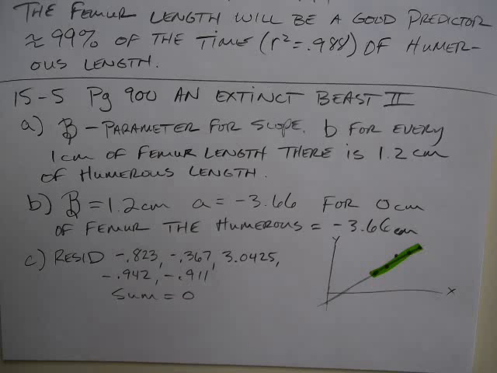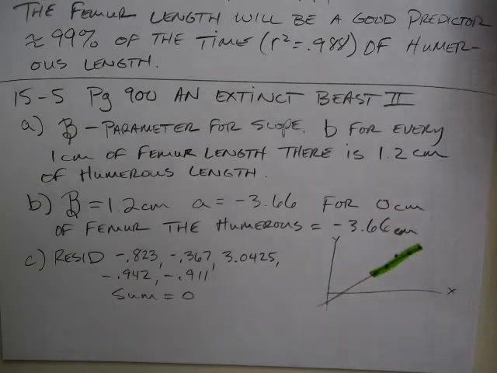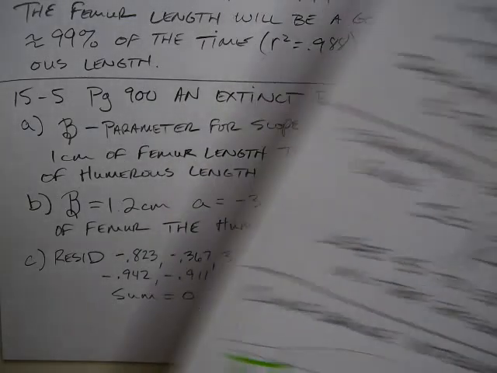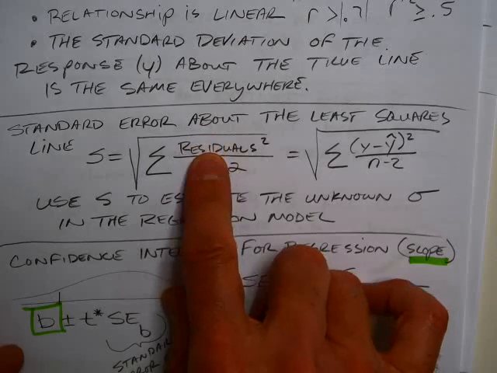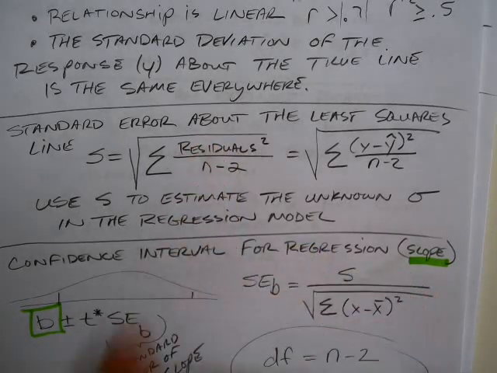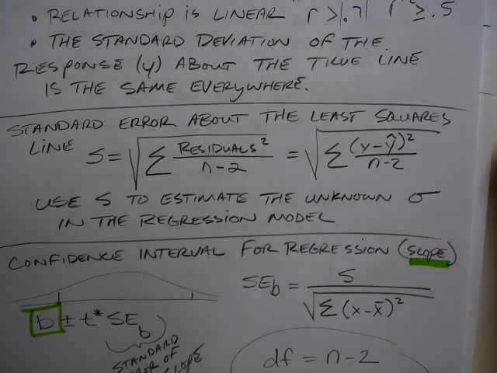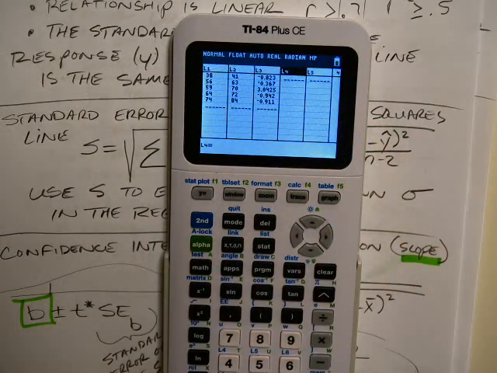And let's see if we can estimate the standard deviation. So to do that, I'm going to come back to this guy right here. So we're going to estimate the sum of sigma. Now, I've got the residuals. They're in the calculator. So I'm going to use that here in L4.